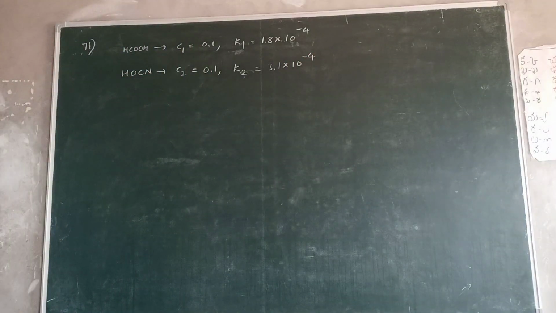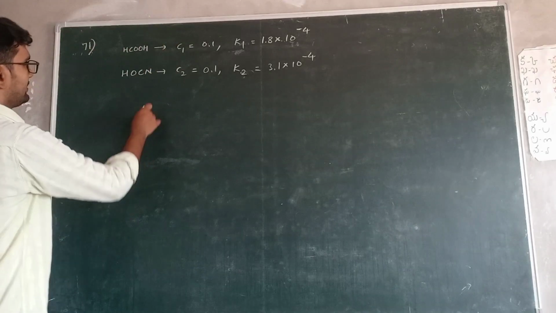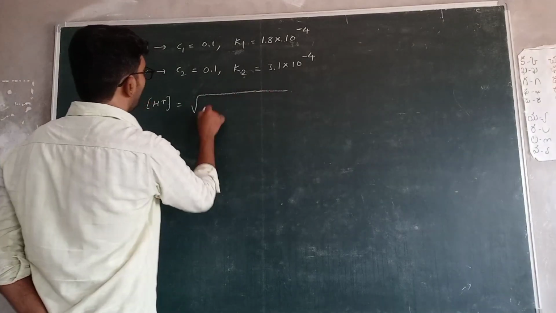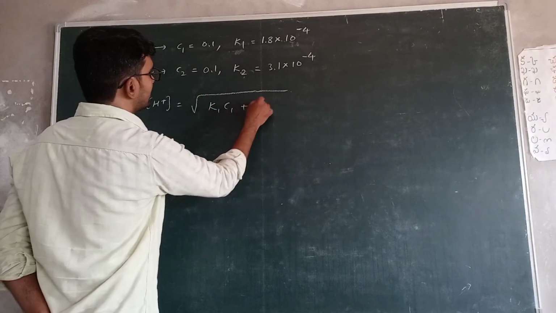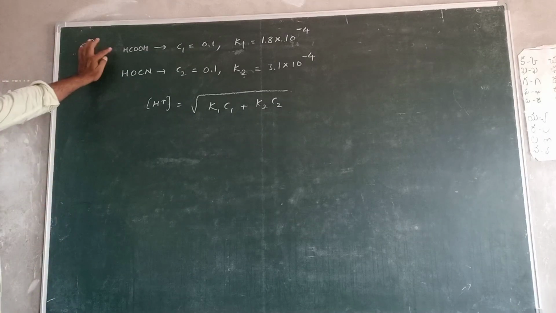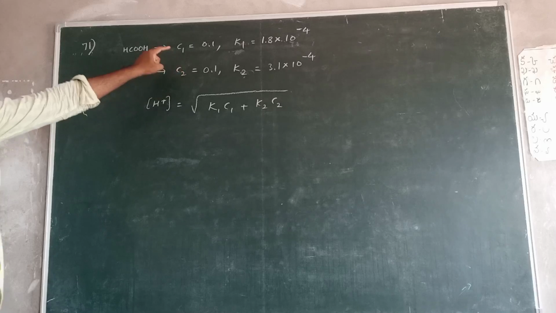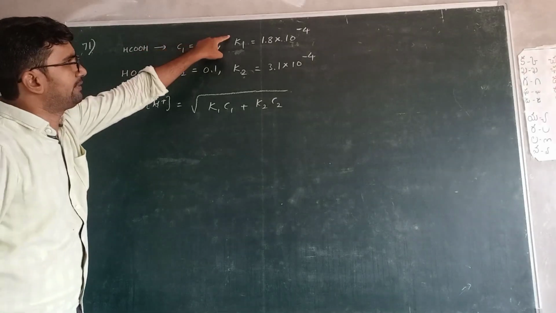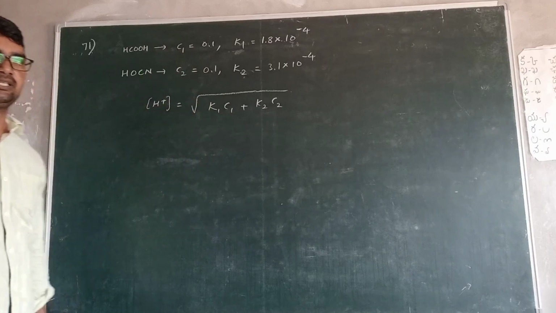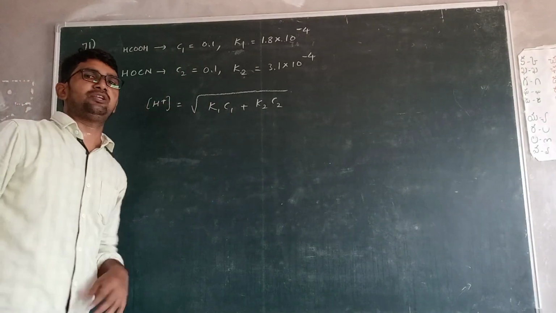If two acids are mixed together, then the new H plus concentration is equal to root of K1 C1 plus K2 C2. This is the formula. If these two acids are combined, and two concentrations and two dissociation constants are given, then what is the new H plus concentration or the new pH value?